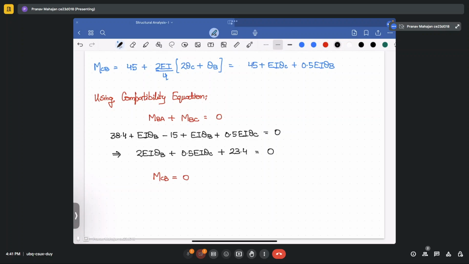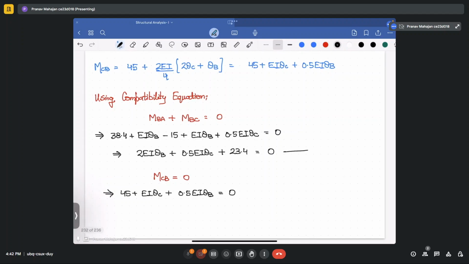And another equation is MCB equal to 0, because at the ends there will be no moment. So that will be 45 plus EI theta C plus 0.5 EI theta B equal to 0.